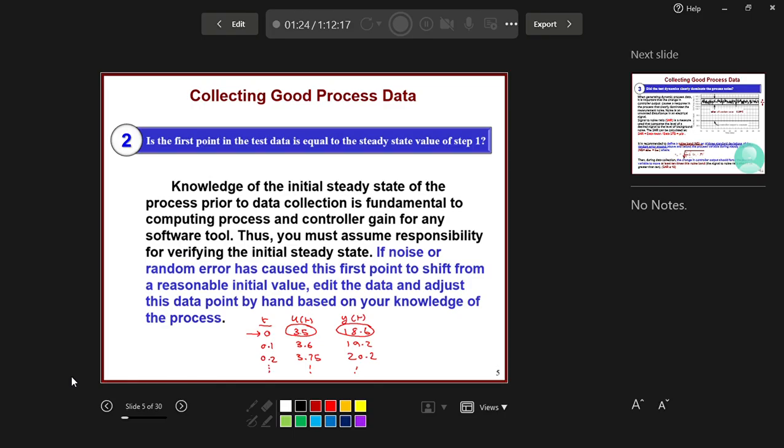If it is the case, leave the data as it is. Otherwise, you need to edit your file, remove these 2 points, and put the actual steady state. Probably the steady state was 3.55 and the y was 18.75. So edit them and put them manually in the data file.